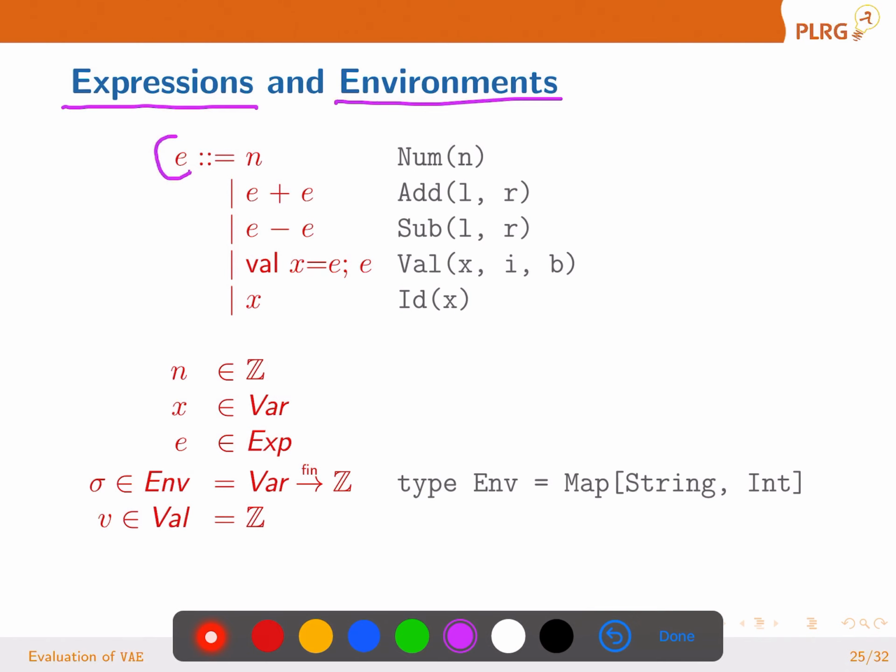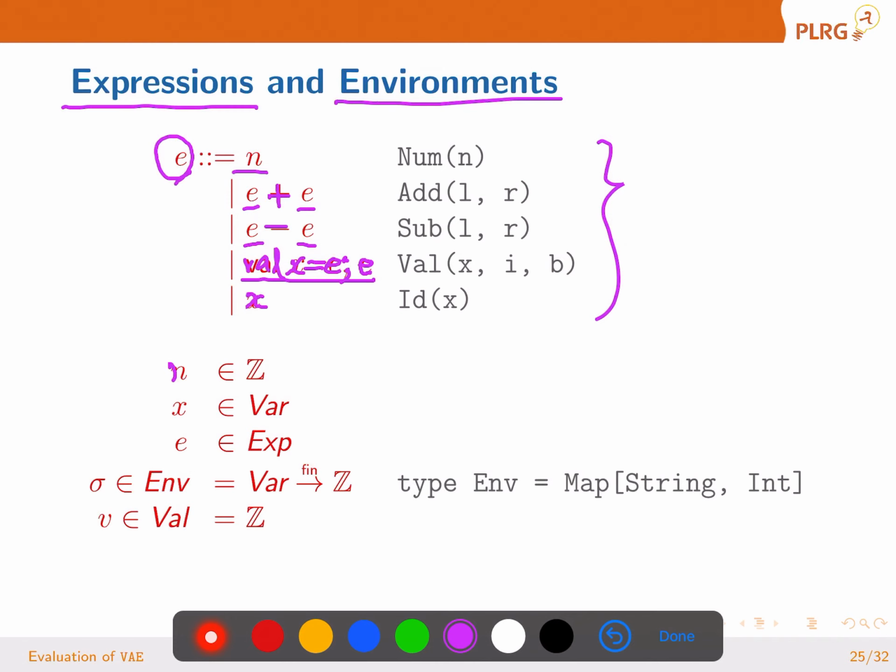Now the expression E has 5 cases: number n, addition of 2 expressions, subtraction of 2 expressions, or introduction of a new name whose value is the value of the first sub-expression, and the value of the whole expression is the value of the second sub-expression. And finally, a name, right?